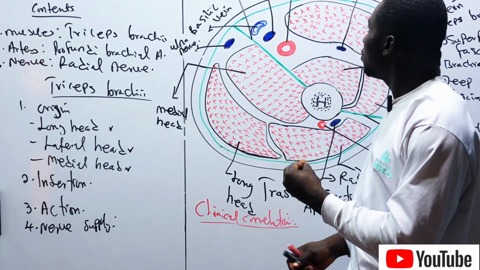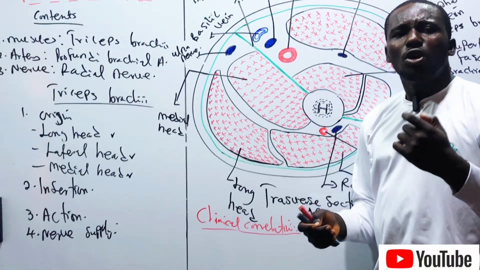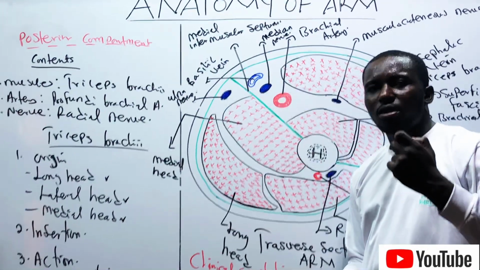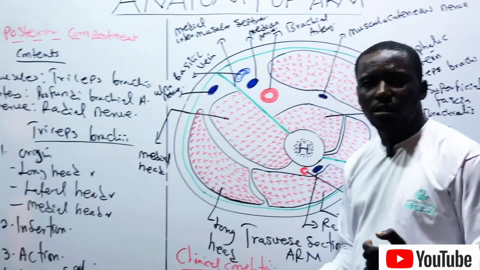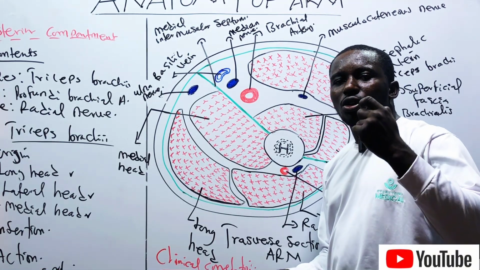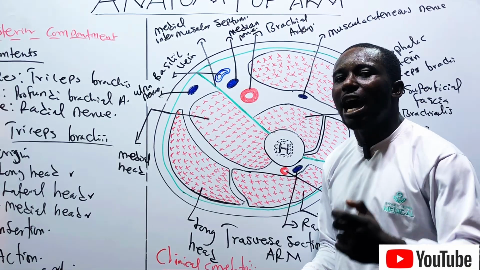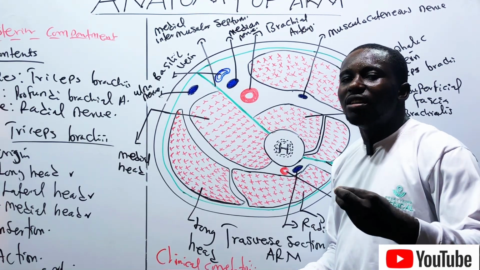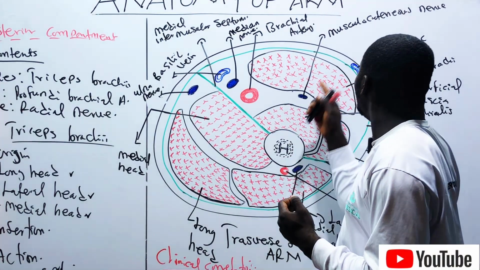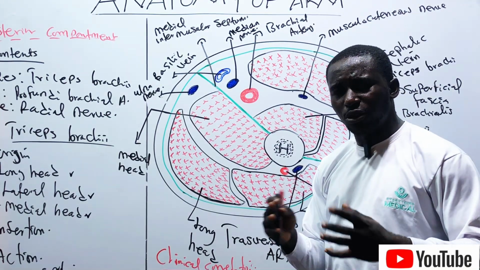So lesion to the musculocutaneous nerve will lead to these things I just mentioned: loss of flexion and supination of the arm, loss of biceps tendon reflex, and loss of sensation on the skin at the lateral aspect of the forearm. So those are the clinical correlations that could be implicated when there is a lesion to the musculocutaneous nerve.